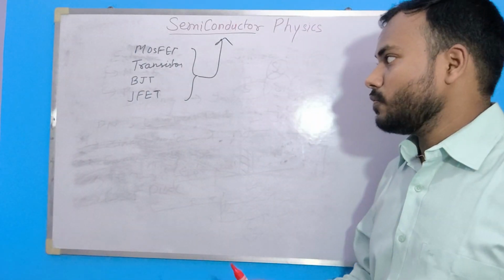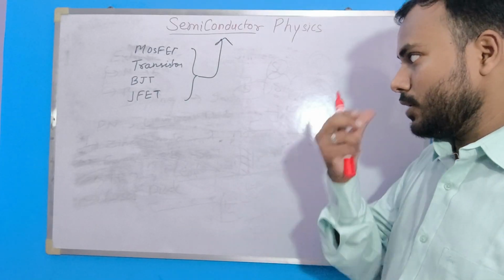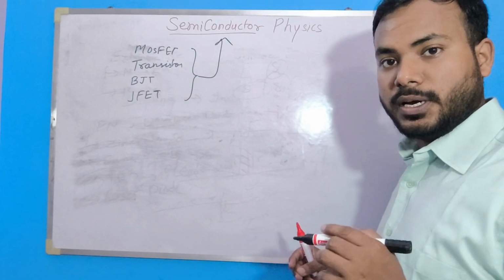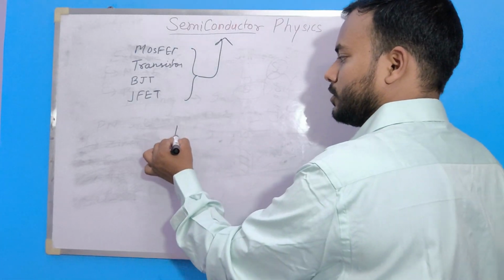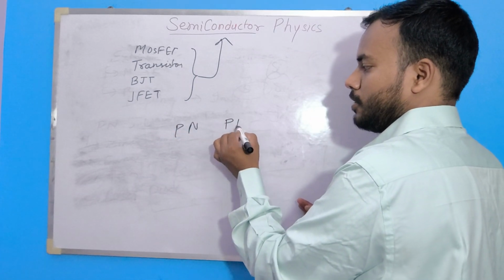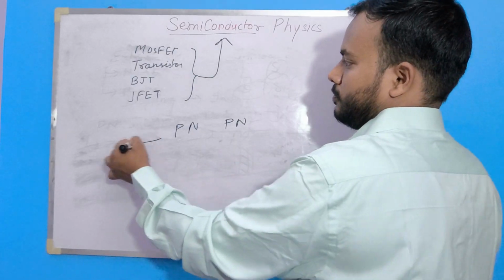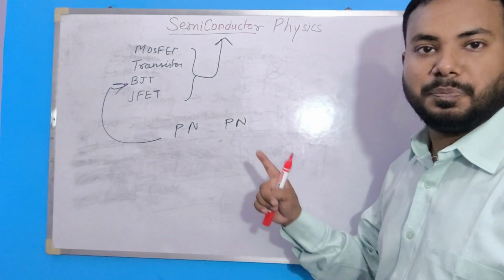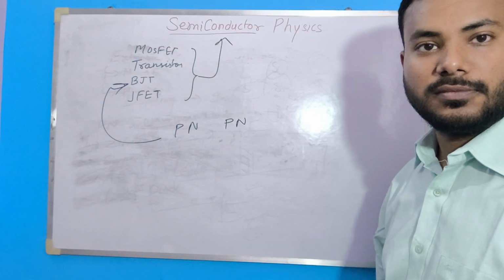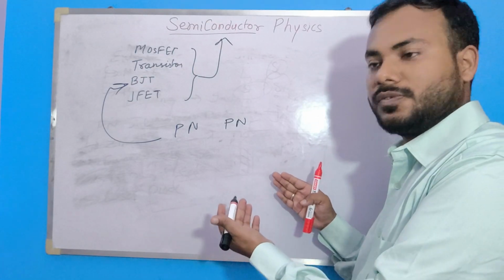Now we have discussed what a p-n junction is and how a p-n junction combines together. Now if we connect one p-n junction and another p-n junction together, then this will form a BJT. I will show you how this will come.